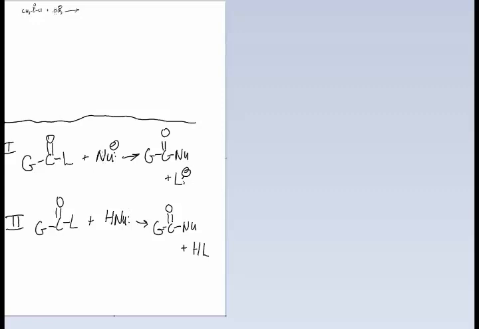If it's identified as type 1, the idea is the leaving group comes off with its pair of electrons, and it's replaced by the nucleophile. The nucleophile comes in and attaches to that carbonyl carbon. One goes in, the other comes out. In type 2 now, the nucleophile is neutral and H covalently bonded.